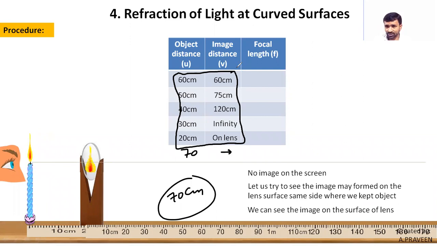Then can anybody tell me what is the focal length of the lens? The focal length is not mentioned particularly here. Can anybody answer what is the focal length of the lens here?